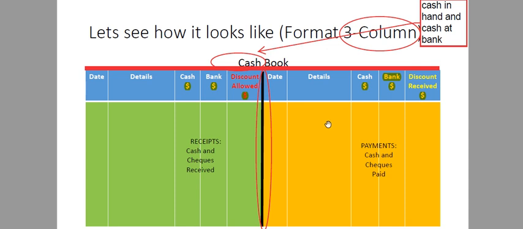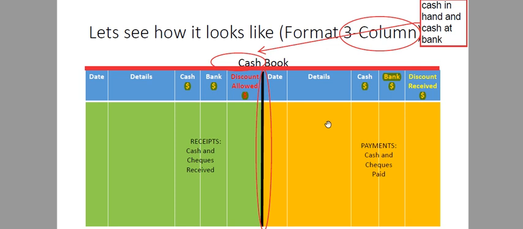So this cash book looks like a T account, and it also looks like a journal, because it will record the transactions from the source documents, and it will also have two accounts combined into it, the cash account and the bank account. So cash book is one book which works like both. It's a book of original entry as well as a book of double entry.